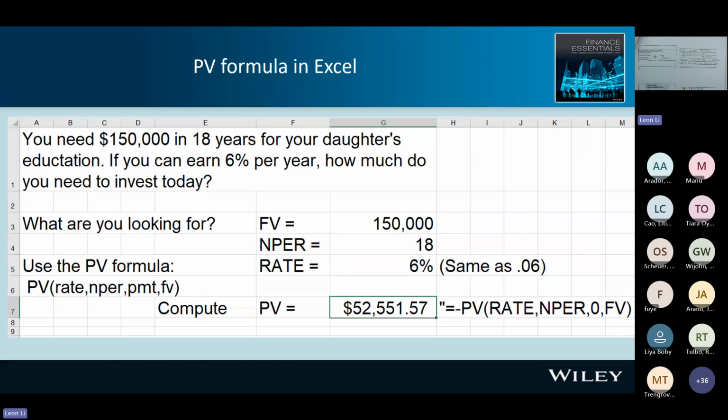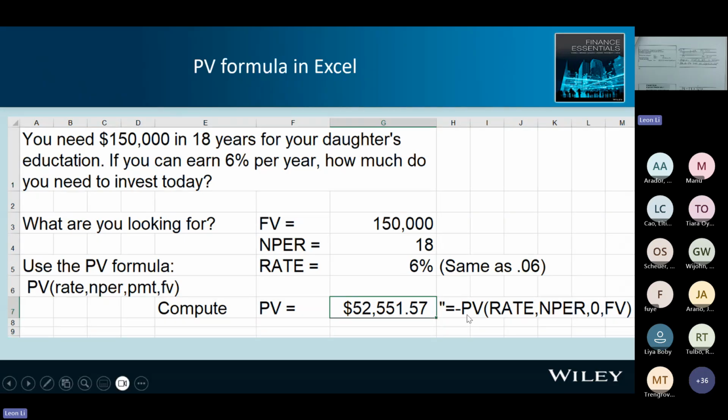Again, we have 4 variables on the timeline, and they have a relation. Given any three of them, we may calculate the fourth. You can use Excel to do the calculation: FV, number of periods, the rate. In Excel, you can either enter 6% or 0.06. It's fine. Then you compute the PV.